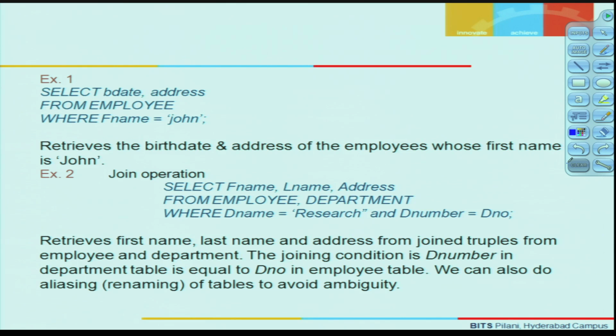Employee, department. That means these two tables are involved in extracting the result for the query. Then in the where clause, first the tuples need to be joined where D number in department is equal to DNO in employee, then D name should be equal to research. This is the join condition. This is the condition to be satisfied.